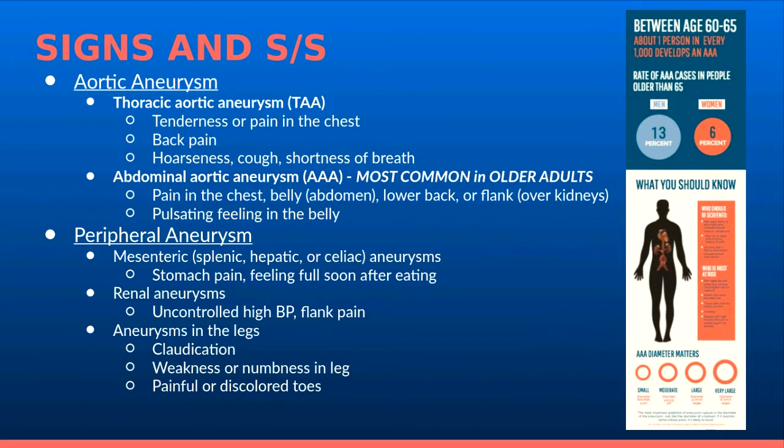For mesenteric aneurysms, we can see stomach pain and feeling full soon after eating. For renal aneurysms, we can see uncontrolled high blood pressure and flank pain. And for aneurysms in the legs, we can see claudication, weakness or numbness in the leg, and painful or discolored toes.